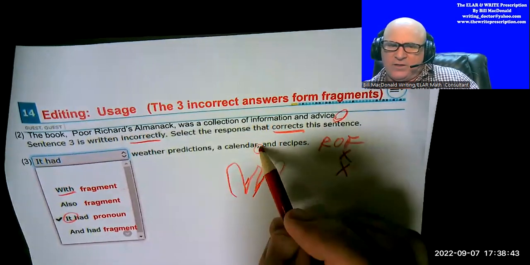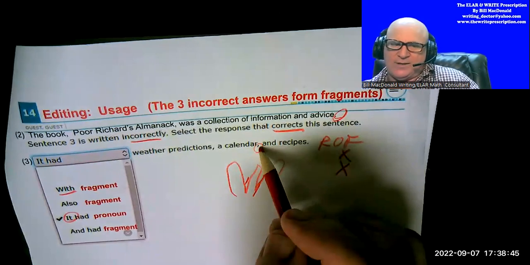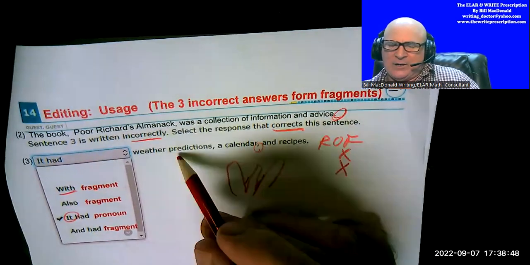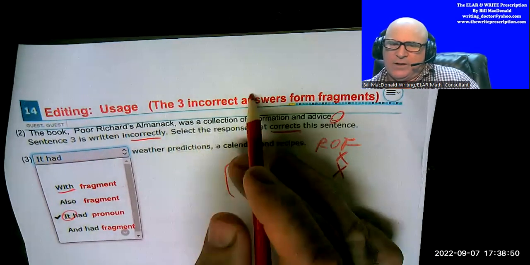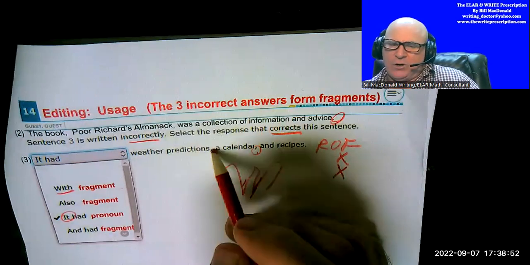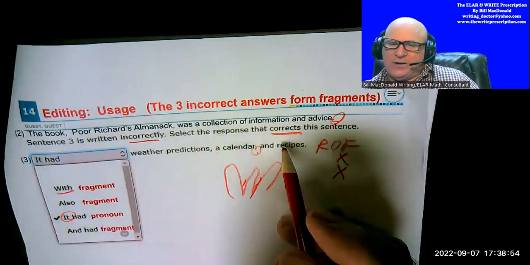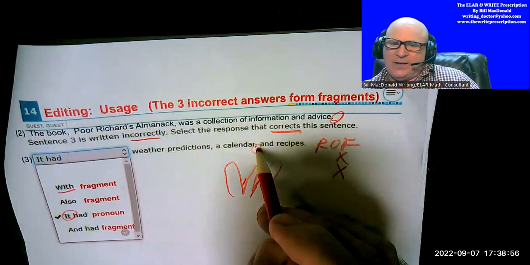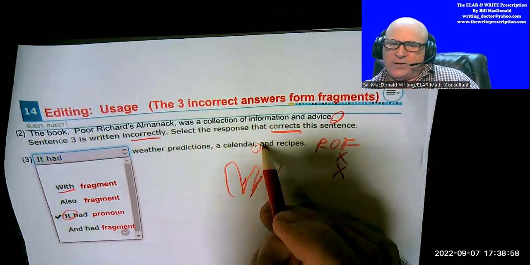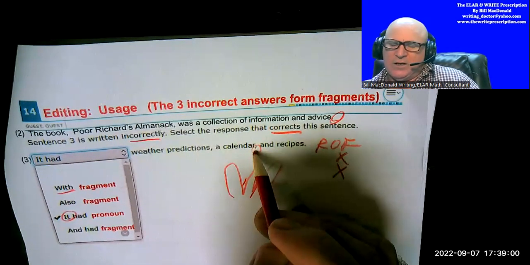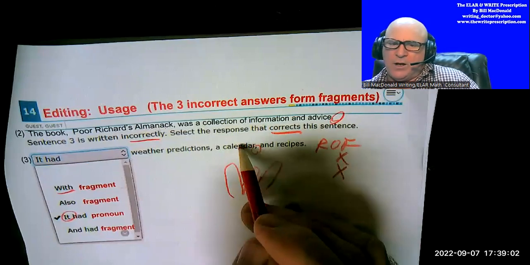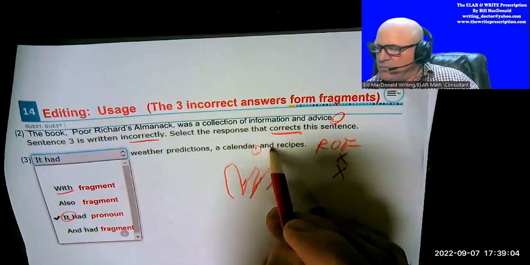If the sentence only said it had calendars and recipes, and you've been telling the kids to always place a comma next to and, some of your kids will accidentally put a comma there, even though there's only 2 items in the series, and you only need a comma when there's 3 items or more.